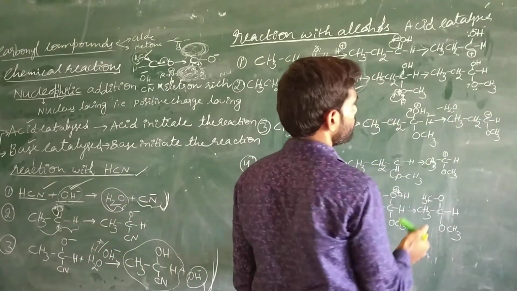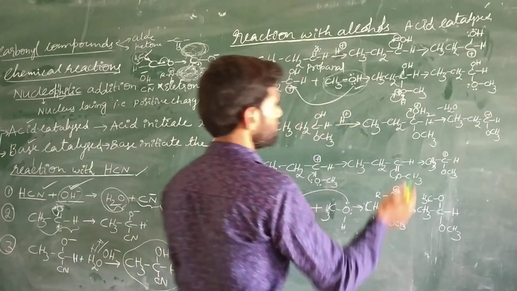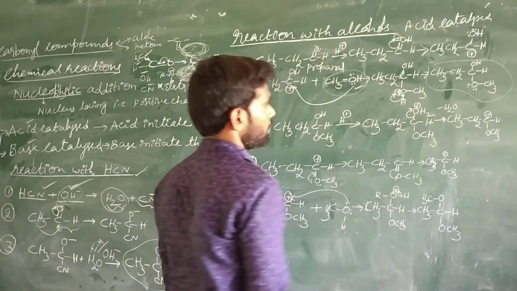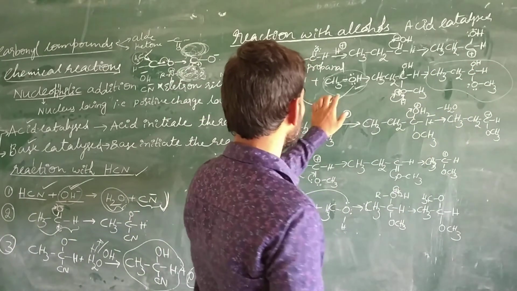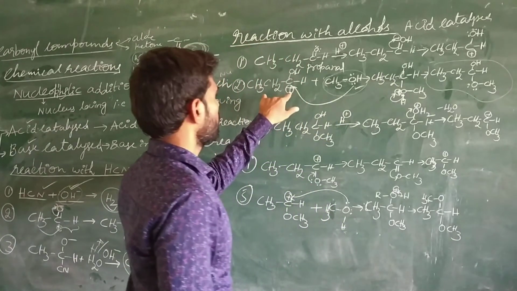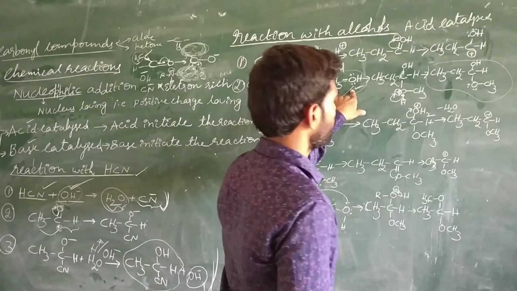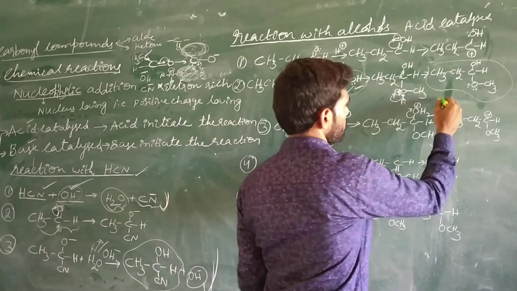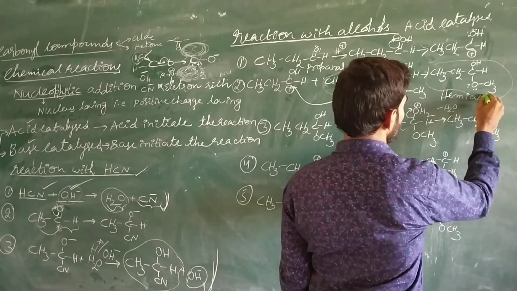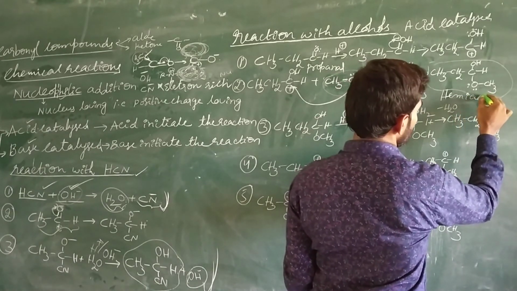See here 1 and 2. Now what happened here? This molecule is generated after reacting this carbocation with the methanol. This one is called hemiacetal. These are hemiacetals.